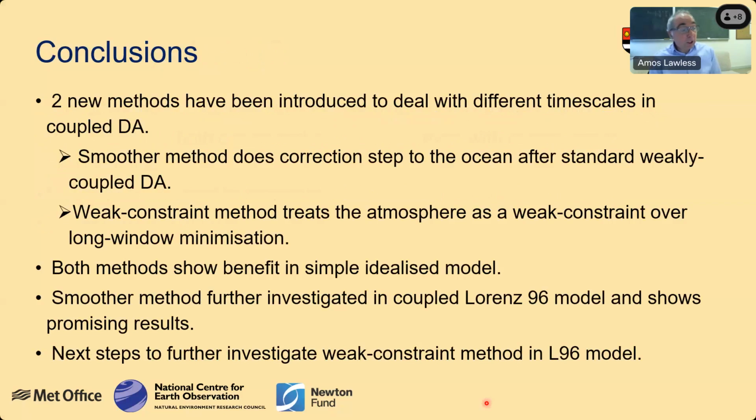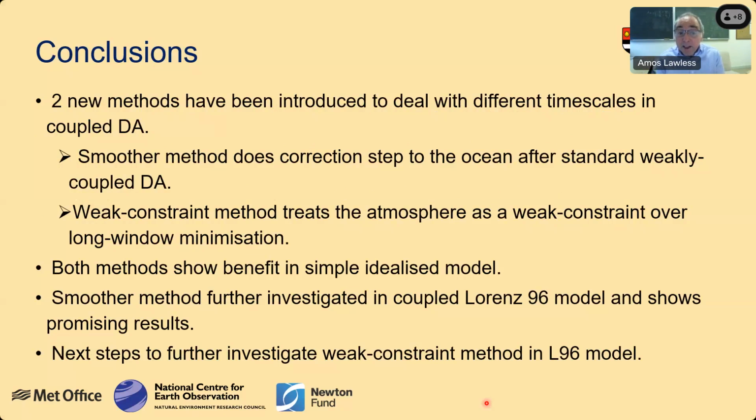So, to conclude, we've developed 2 new methods to deal with different timescales in coupled data assimilation. One is this smoother method, which runs several short windows as a standard weakly coupled data assimilation, and then does a correction step to the ocean over a longer window using the analyses from the standard weakly coupled data assimilation.